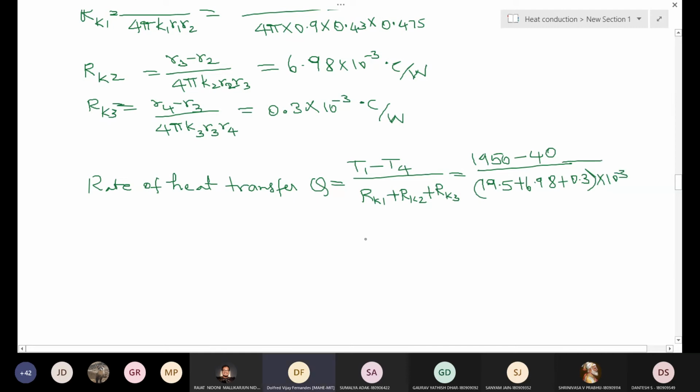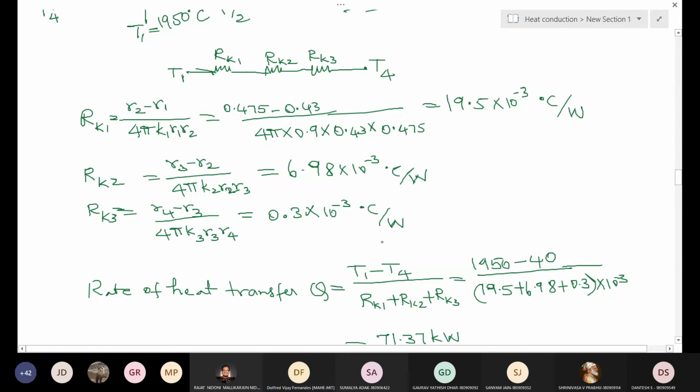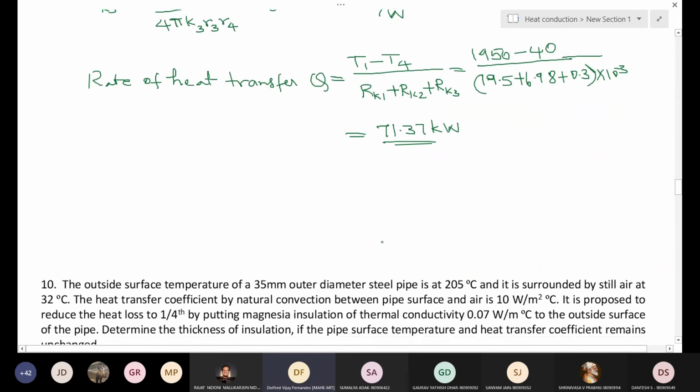Right? So this will give you 71.37 kilowatts.